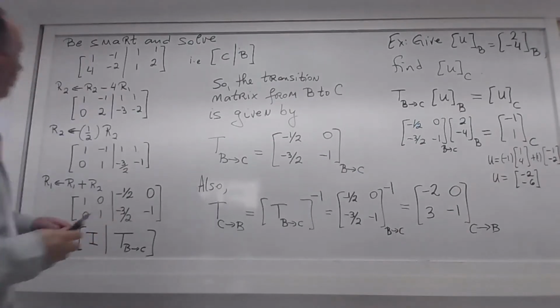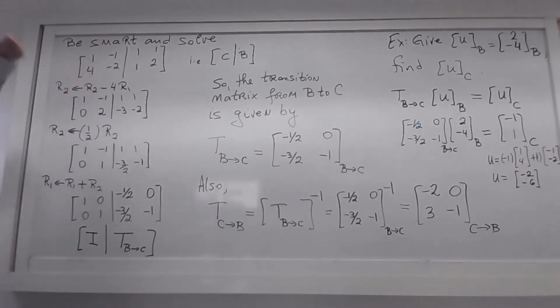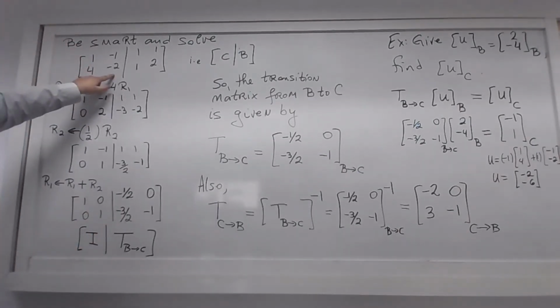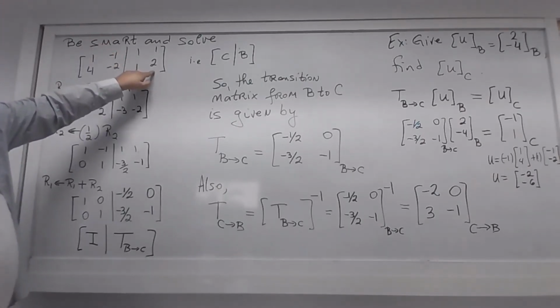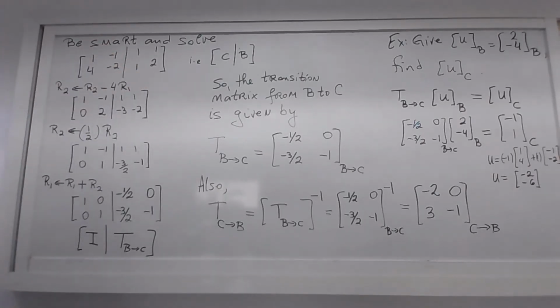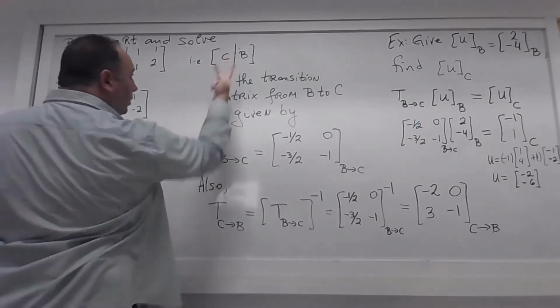So in order to compute the transition matrix from basis B to basis C, we had to solve this augmented system. So we put the basis C on this side, slash, all the basis B on the other side. Obviously, if we had to find the transition matrix from basis C to basis B, we would swap these two.